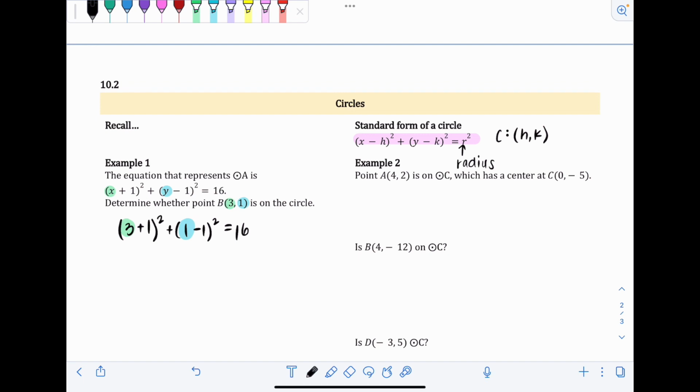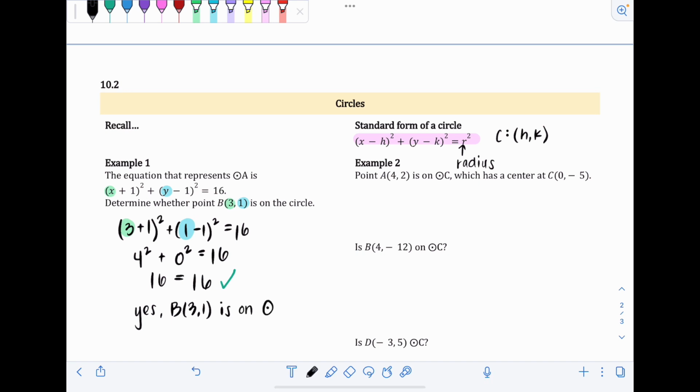So 3 plus 1 is 4 squared. 1 minus 1 is 0 squared equals 16. 4 squared is 16. 0 squared is 0, so it doesn't make a difference. And then equals 16 over here. So that's true. That means that yes, the point (3, 1) is on the circle. So B (3, 1) is on circle A.